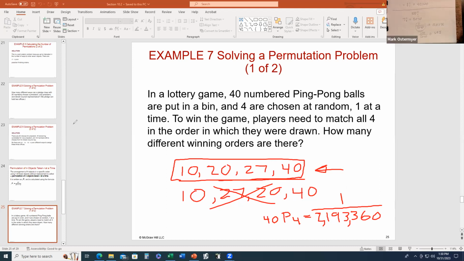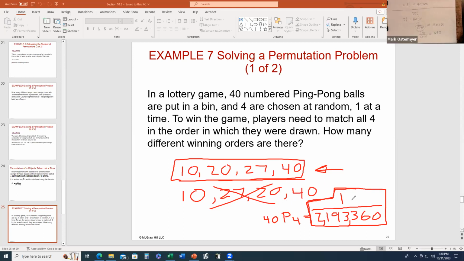There you go. All right, there's a lot of different ways, ladies and gentlemen, of arranging 40 numbers in a specific order, 4 at a time. So if nothing else, we're seeing how difficult it is to win some of these lottery games. It's almost like if you win, you were pretty much meant to win, simply put.